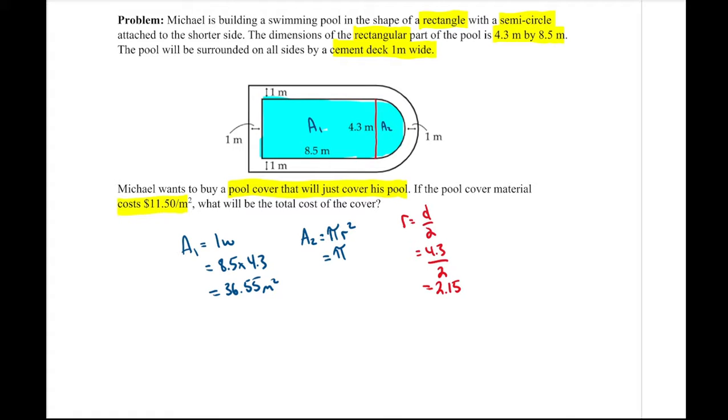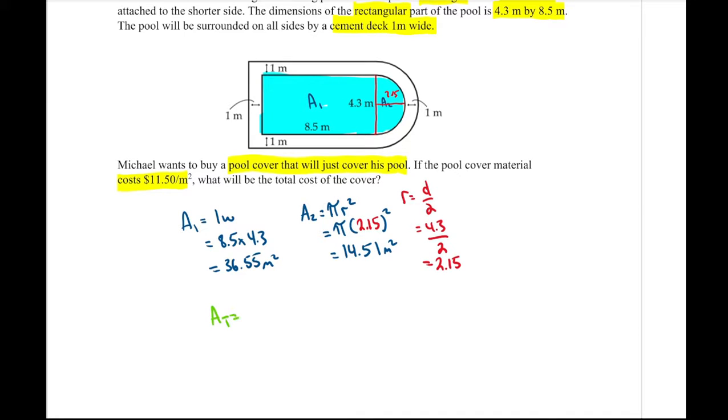That's my radius. So we have pi times 2.15 all squared. Again, order of operations: square that 2.15 first and then multiply it by pi or 3.14. We get 14.51 meters squared if we round it.